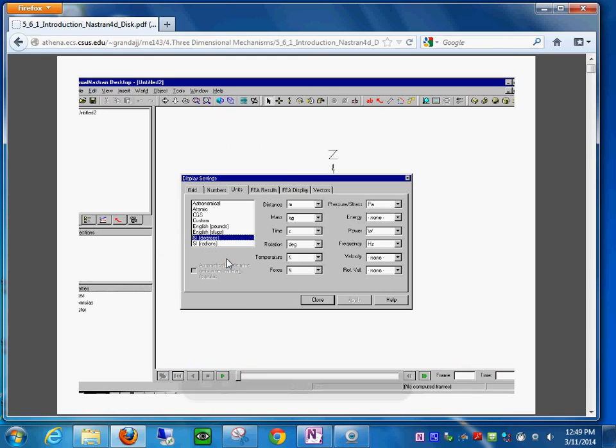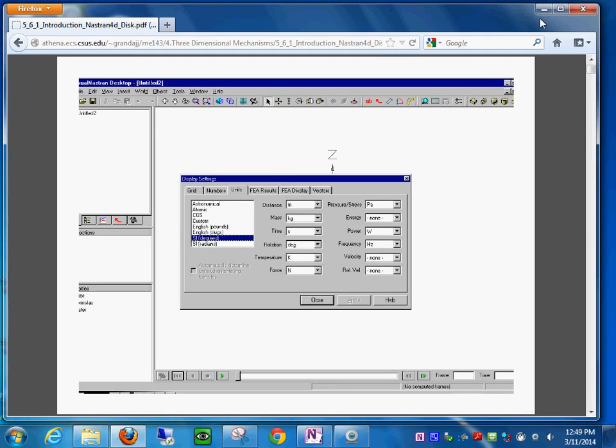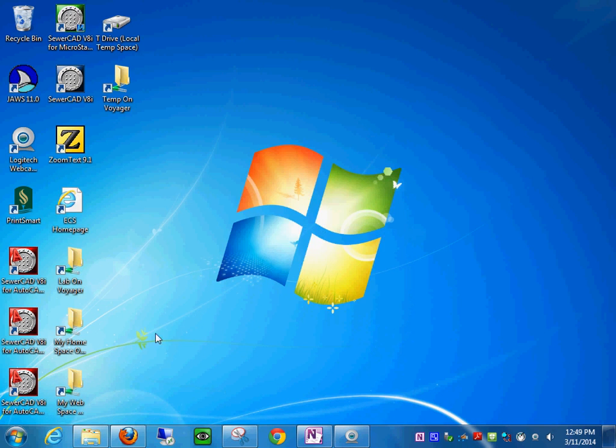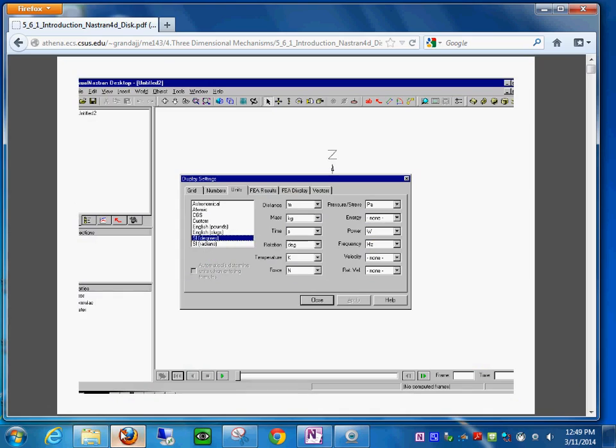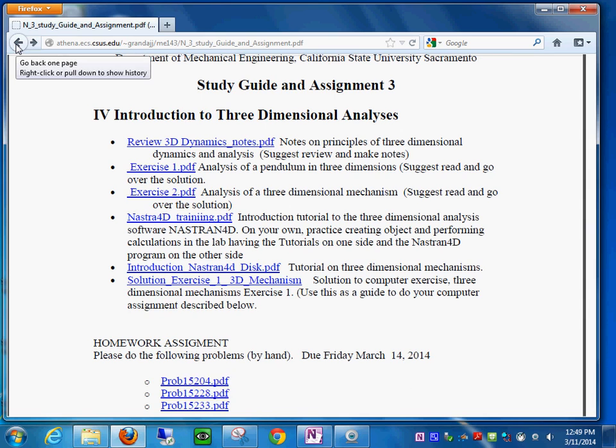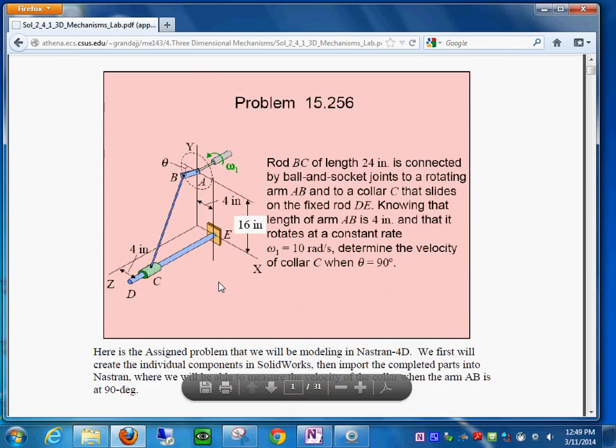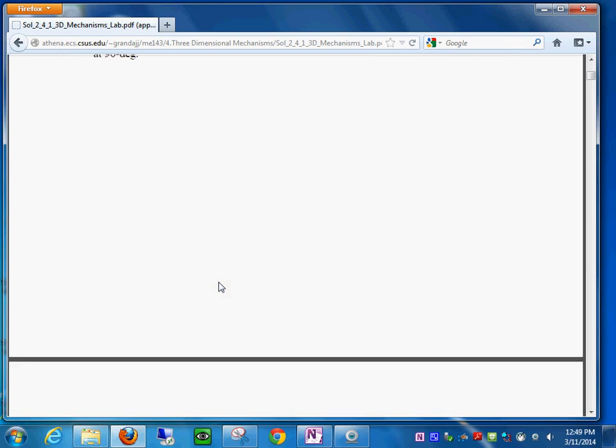What I would like you to do is come into this web page, see where it says Introduction to Nastran 4D, this PDF, and then the solution exercise of the 3D mechanism. In other words, I give you the solution.